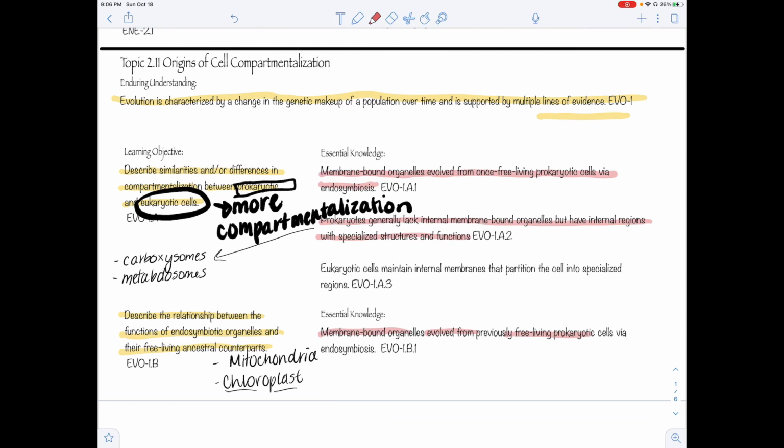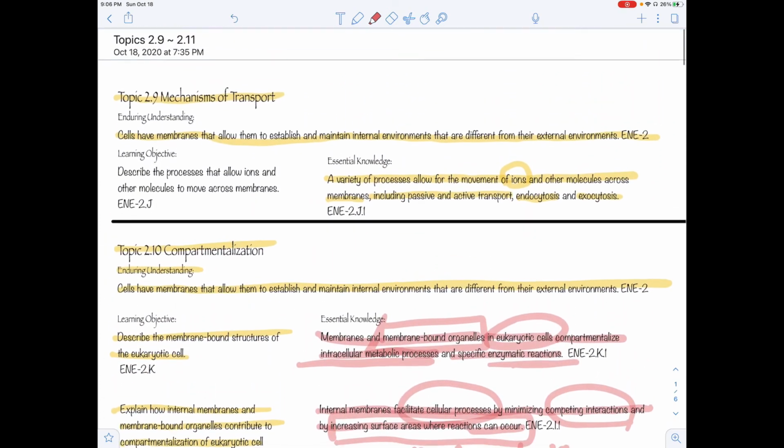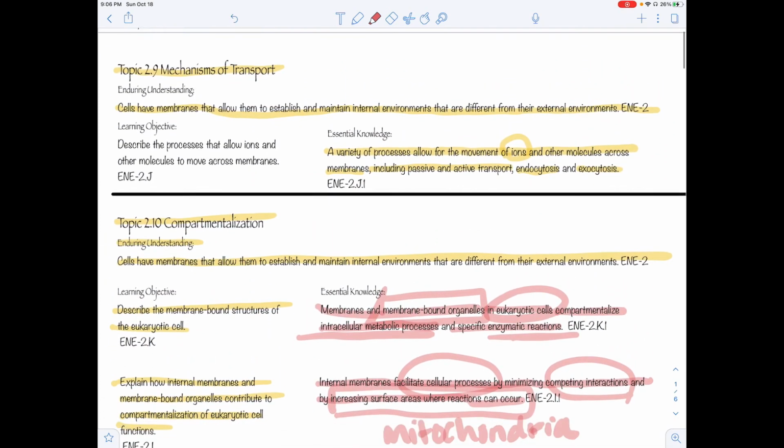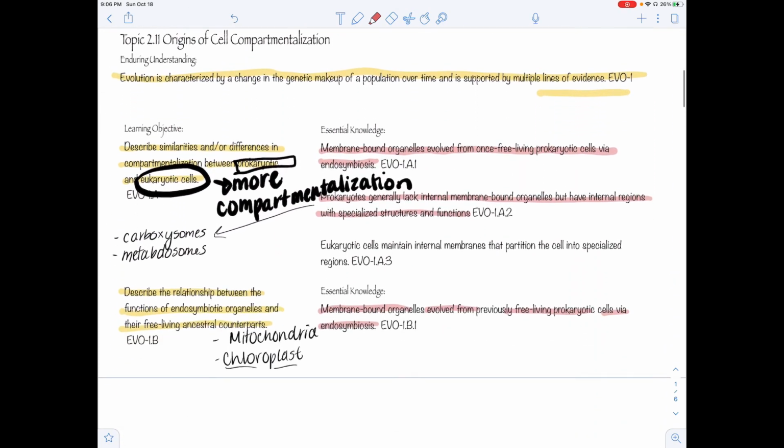All right, so the essential knowledge you need to know is that your membrane-bound organelles evolved from previously free-living prokaryotic cells via endosymbiosis. All right, so that is pretty much everything for 2.11, 2.10, and 2.9.